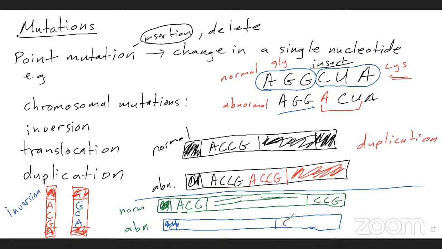CCG, ACC. So I move the ACC from up here and put it down here. The translocation, you're taking a portion of the gene from one end of the chromosome and putting it somewhere else on the chromosome. So it's just movement. Take it from here and put it at the next position.